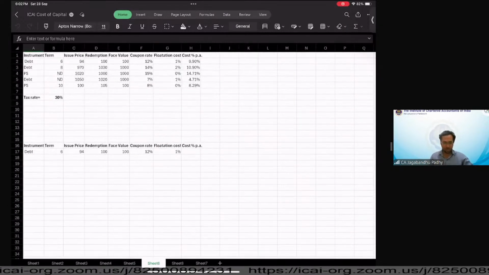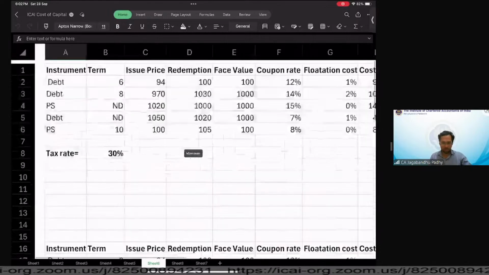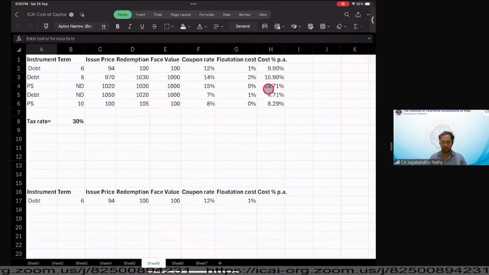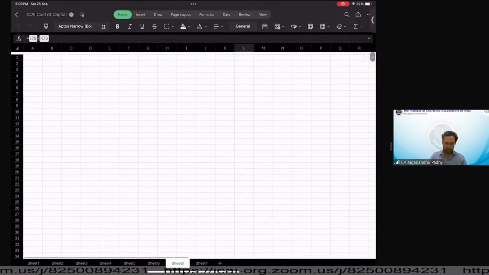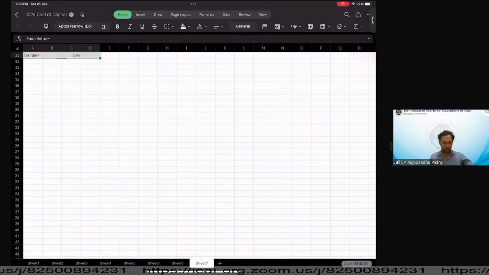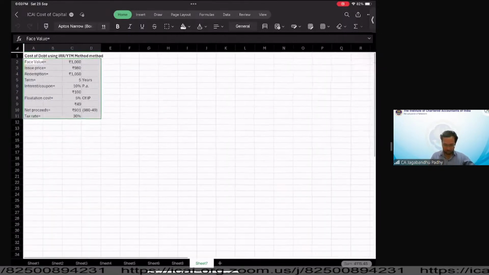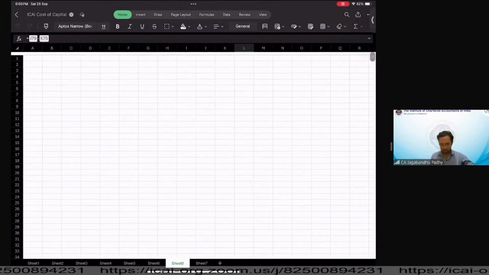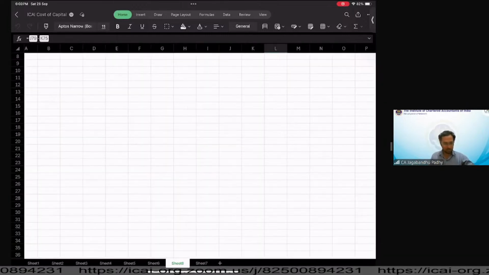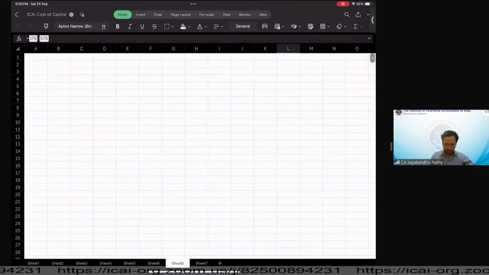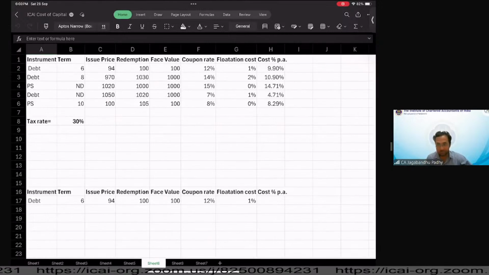Then we also discussed how to compute this cost by taking another example. And then finally, the IRR method.